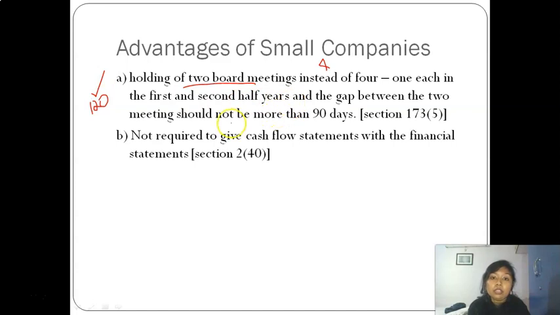But for a small company, the provision says that the gap should not be more than 90 days between 2 consecutive board meetings. That is, between 2 consecutive board meetings, it should be held such that the gap should not go beyond 90 days.